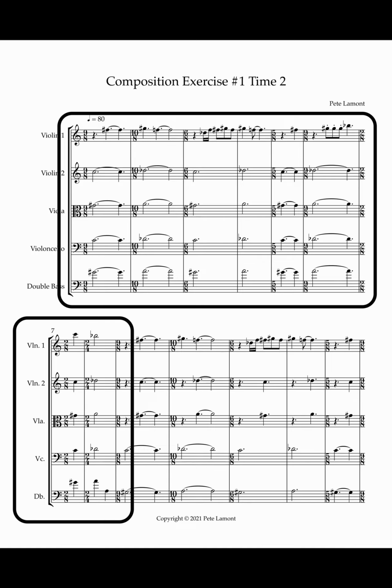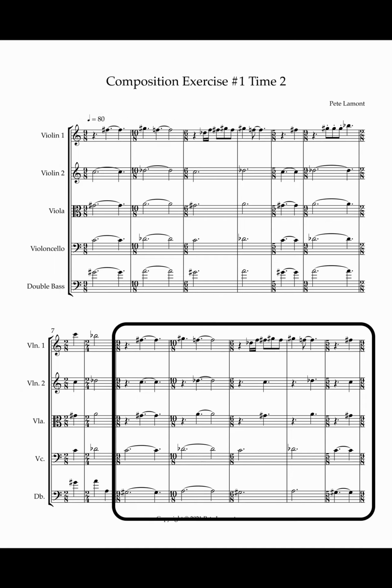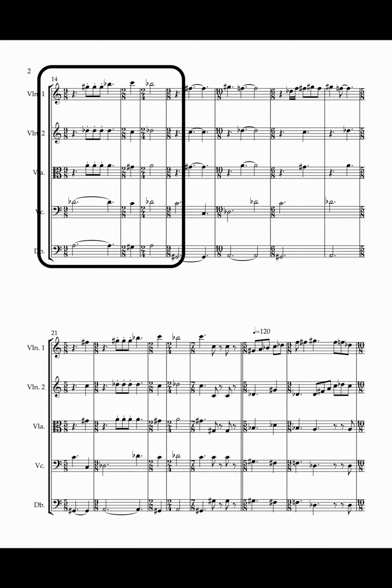When we get to the end of that phrase, the bass makes the leap down so that it's in a more comfortable register for it. The second change made is that the violin 2 and viola are not starting on the downbeat. They're playing kind of the other half of the measure.